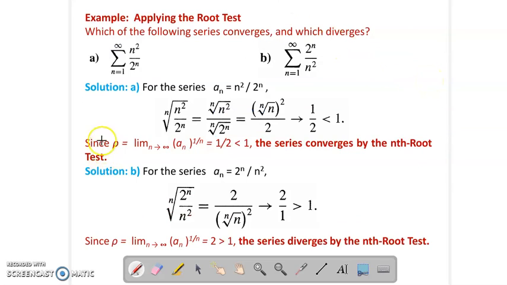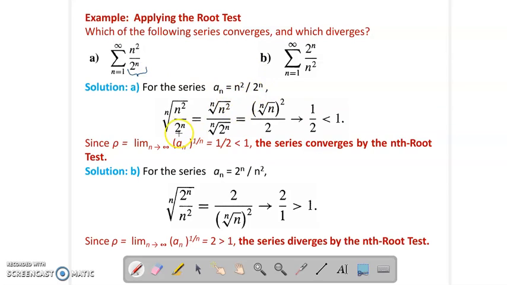Applying the root test, which of the following series converges and which diverges? The first series: summation n going from 1 to infinity, n square by 2 to the power n. So a_n is equal to n square upon 2 to the power n, right? So you find the nth root of this one.